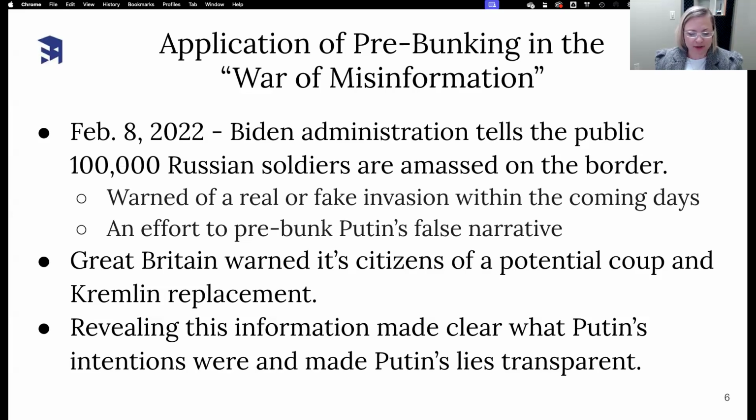Additionally, Great Britain warned its citizens of a potential coup and replacement of President Zelensky with a Kremlin-friendly leader. By revealing this sensitive intelligence, the US and its allies were making a clear message that Putin's lies and intentions prior to the release of fake news, as well as taking a risk by possibly revealing intelligence gathering tactics.